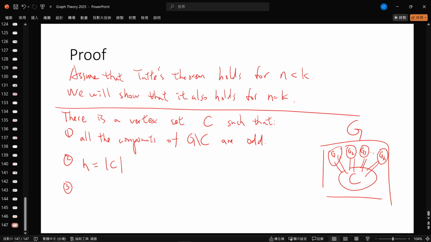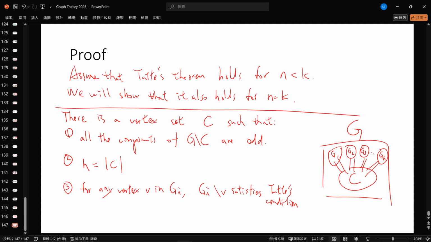Recall that our goal is to find a perfect matching, and these are odd components.